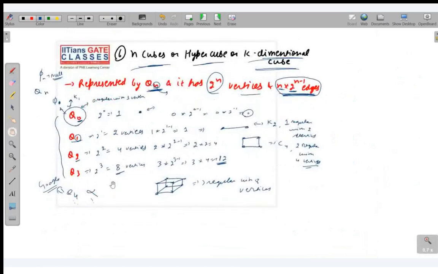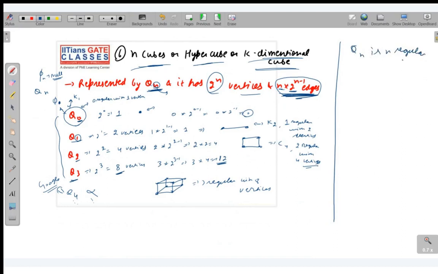Okay, so now you can say, sir, why edges were this? n into 2 power n minus 1. I will simply say Q3 is what? 8 vertices and it is 3 regular, na? So first of all I will say Qn is n regular. That is for sure.